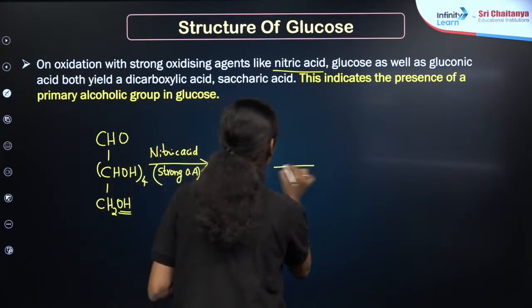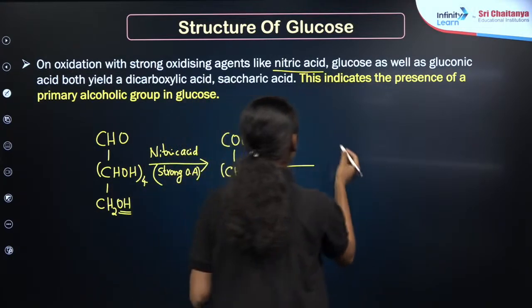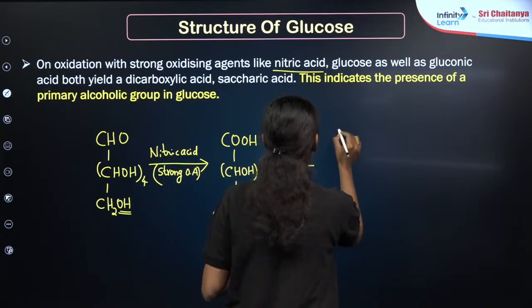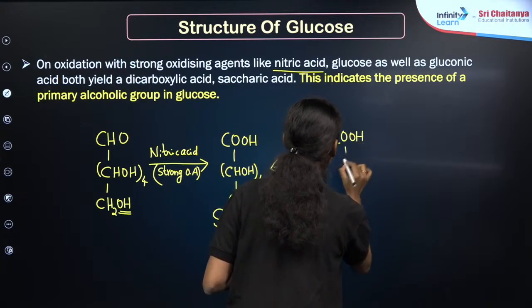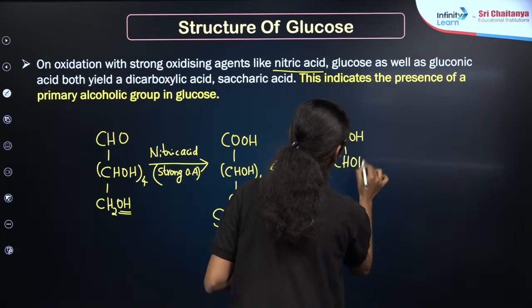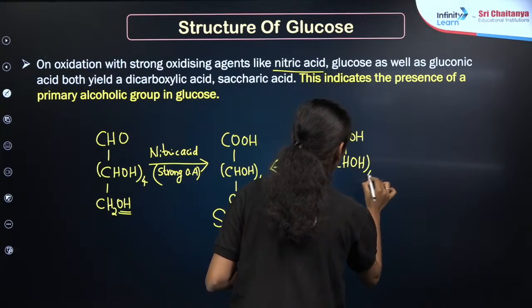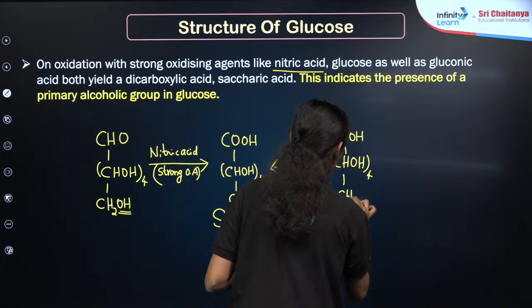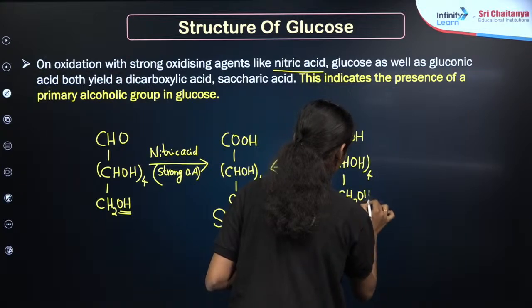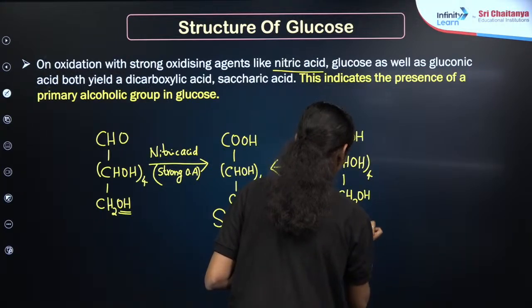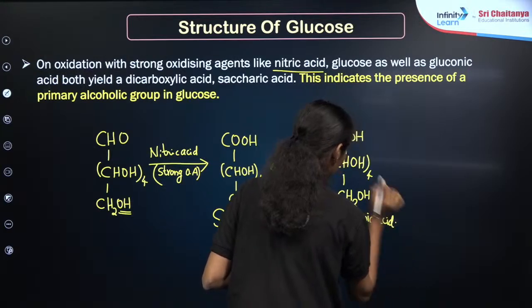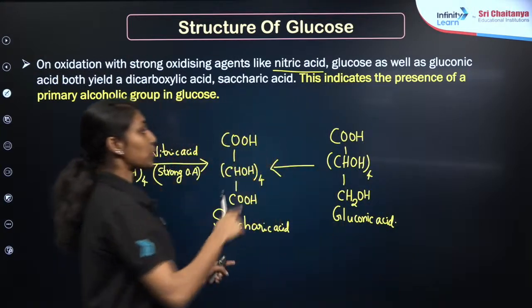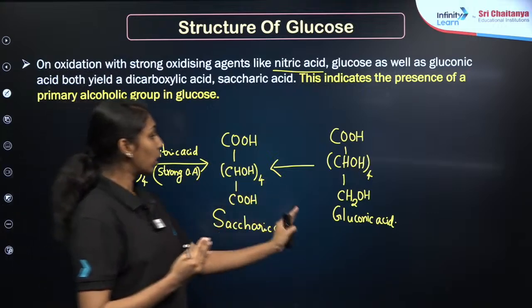Then as we already know, whenever we are using the bromine water oxidation here, it will form gluconic acid. This is our gluconic acid, which is produced from the reaction between bromine water and the glucose.